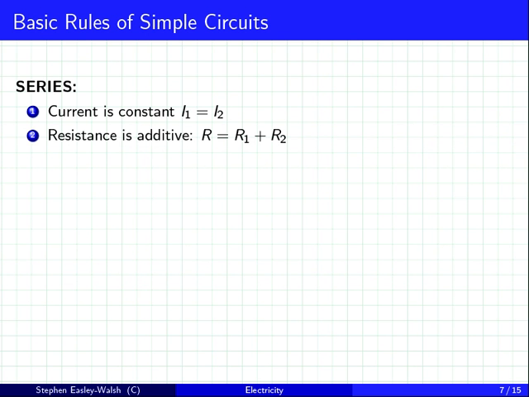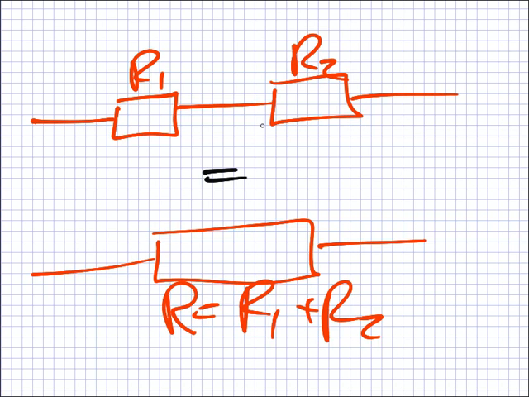Now, I wonder, before I do the next one, does anybody know what happens with voltage? Is it like current, that it's constant? Or is it like resistance, and that it's additive? What do you think? You think it's like resistance? Yeah.